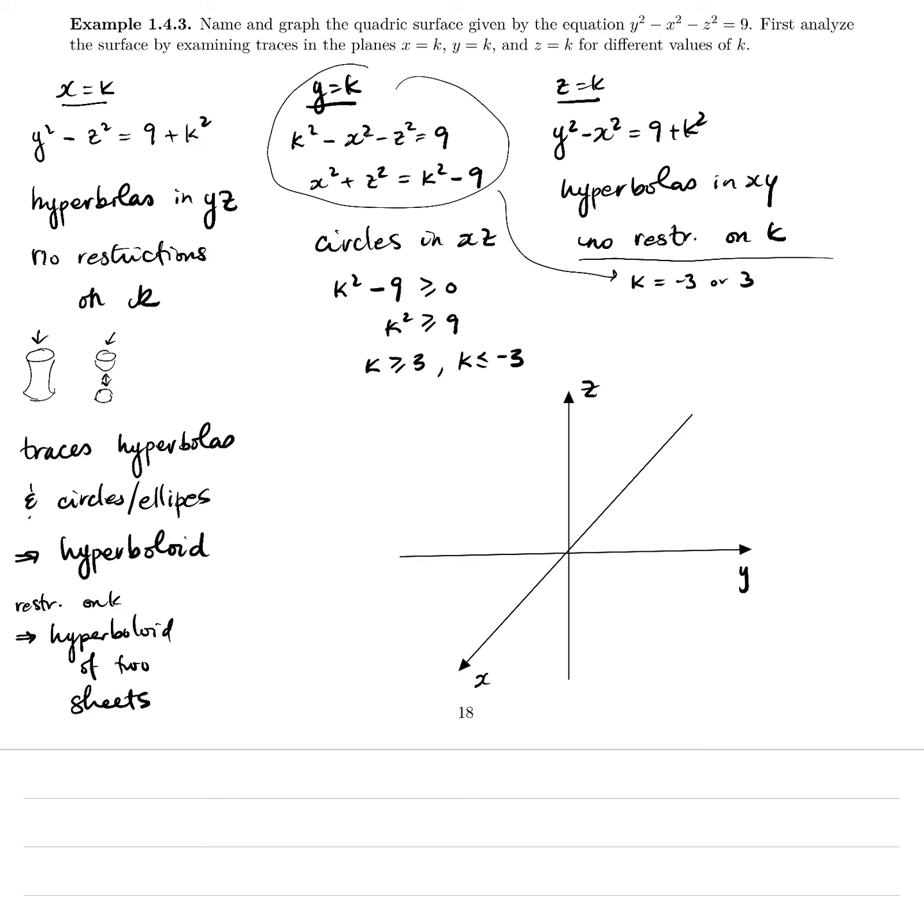If we plug in k equal to 3 or minus 3 here, we're going to get x squared plus z squared is equal to 0. And there's only one way you can add two squares to get 0, and that's if both of them are 0. So we have x is 0 and z is 0, which means that we actually have a point. So the point 0, minus 3, 0, or the point 0, 3, 0. So on the y-axis, 0, minus 3, 0, let's put it there. 0, 3, 0 is there.